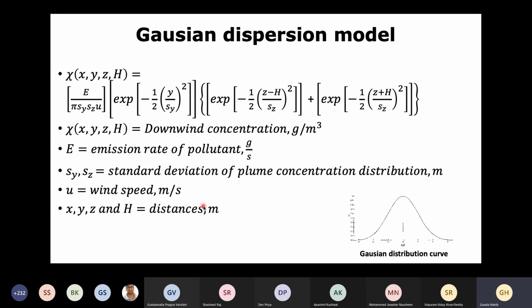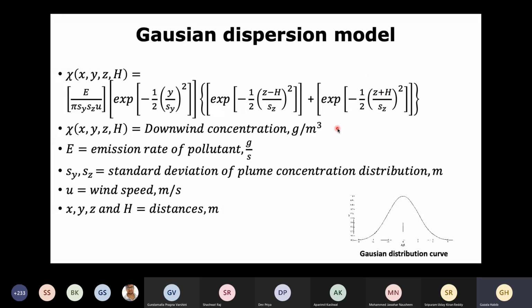So this is the formula, and what it is doing is that the emission rate is multiplied by the exponential concentration change in the y and z directions, where in the z direction z minus h is taken, and here z plus h. What is this z plus h?